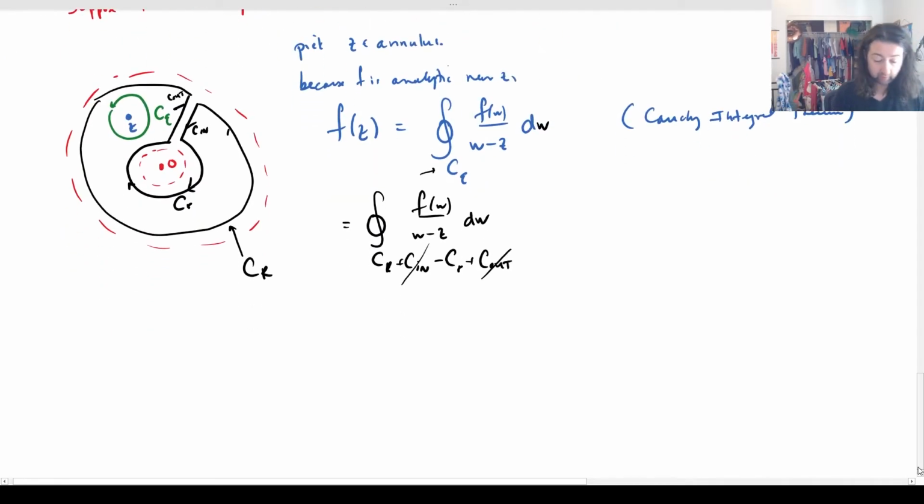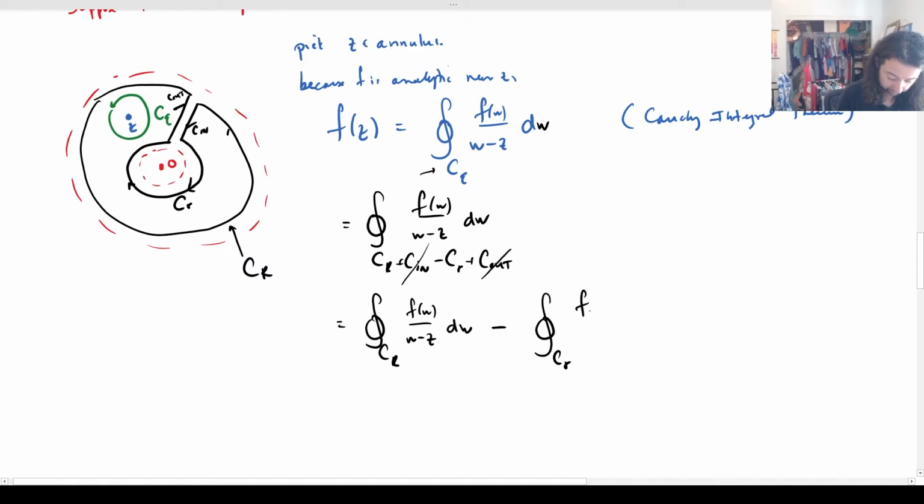And then that means that this is the integral around C_R of f(w)/(w − z) dw minus the integral around C little r of f(w)/(w − z) dw. So we've reduced the problem into integrals around two circles. The big circle C big R and the little circle that's inside of z called C little r.